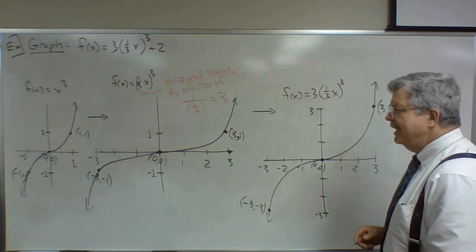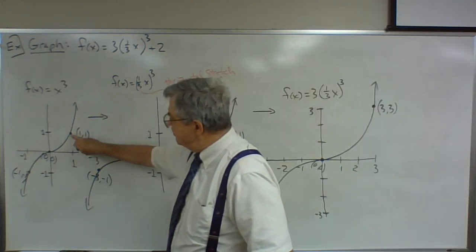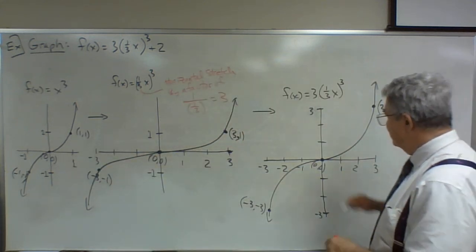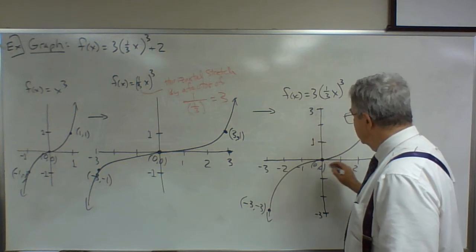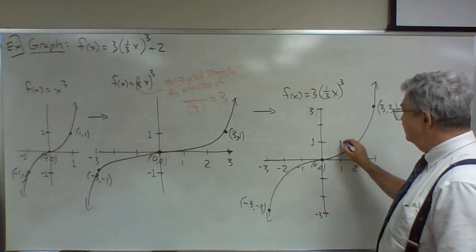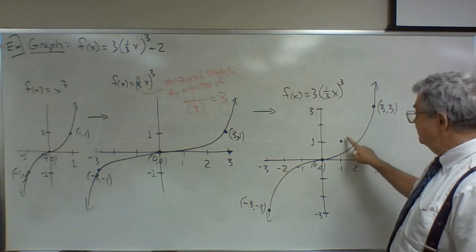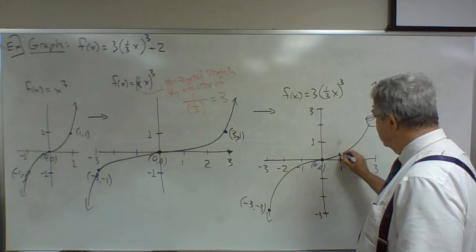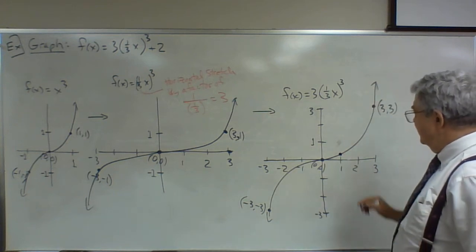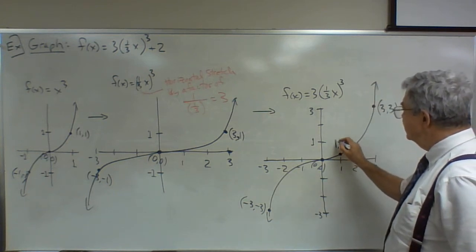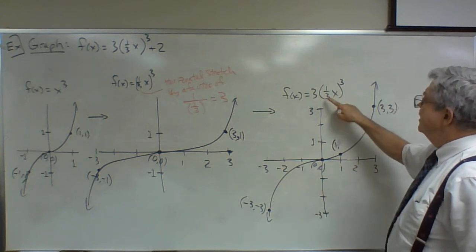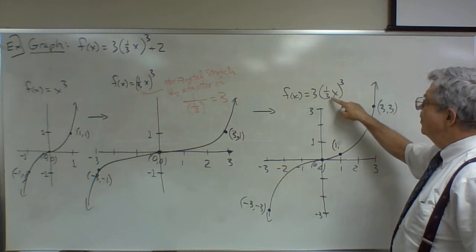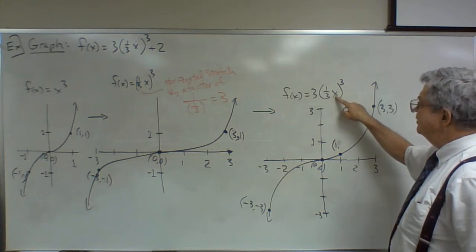If it were the same graph, then this point 1, 1 would be a point on the new graph. And it's not. Here's the point 1, 1. It's not on the new graph. As a matter of fact, when x is 1, what's the y coordinate? 1/3 x cubed is 1/27 x cubed.